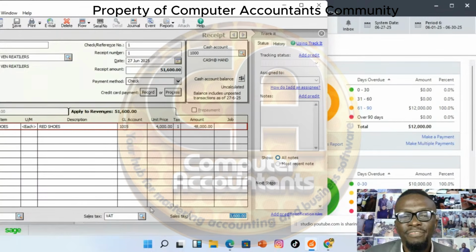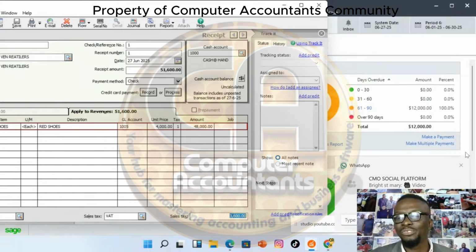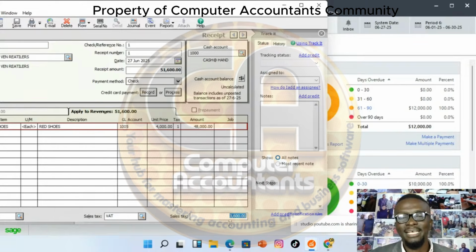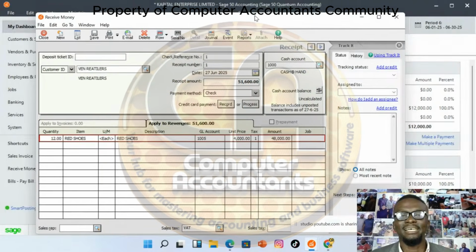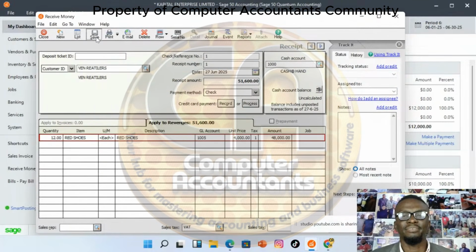The VAT of 7.5% of 48,000 is 3,600. Now the new total amount is 51,600. 48,000 belongs to us, while 3,600 goes to the government. When you add the two, it gives 51,600 naira. So that is it. I've added the VAT to this, then I'll click save.